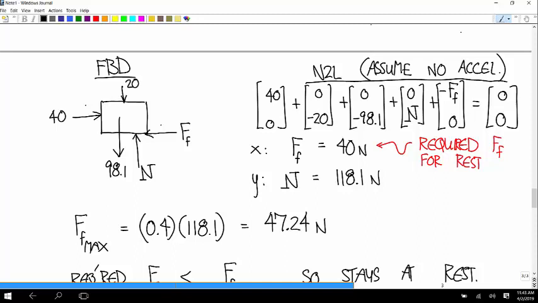The friction force is opposite that. If there's no friction and there's no 40, the thing won't accelerate. So there's no need for any friction force at all. Yep, that's right. Doesn't have to be any.